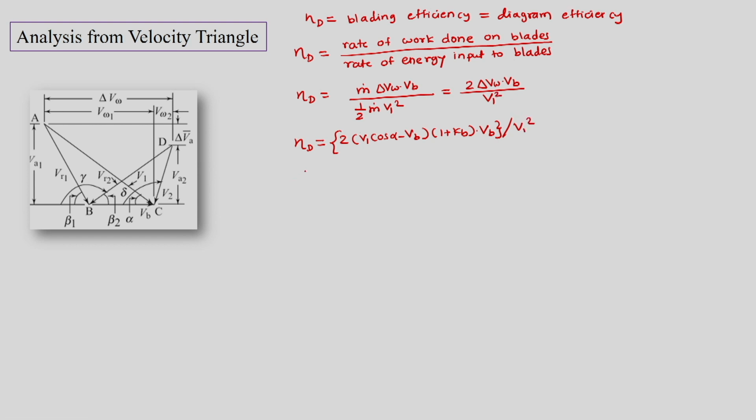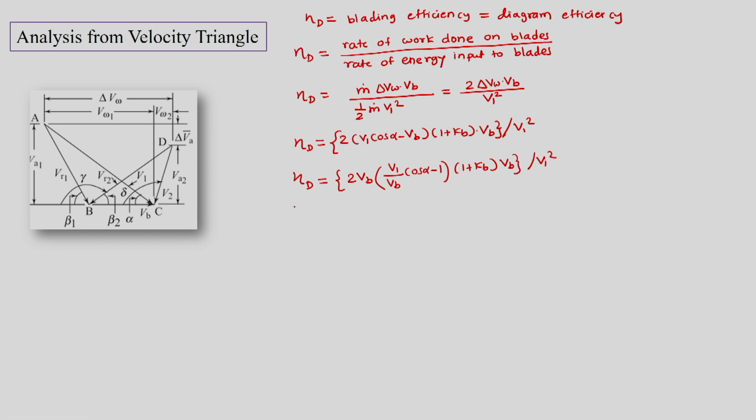If we take VB as common from this bracket, then diagram efficiency is equal to 2 into VB, and this bracket will become V1 upon VB into cos alpha minus 1, into 1 plus KB, into VB as it is, divided by V1 square.